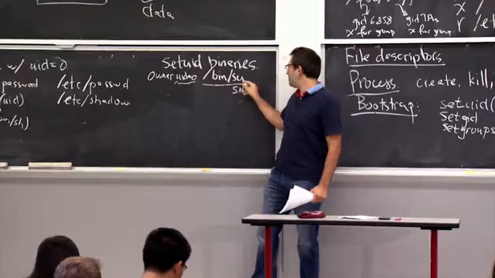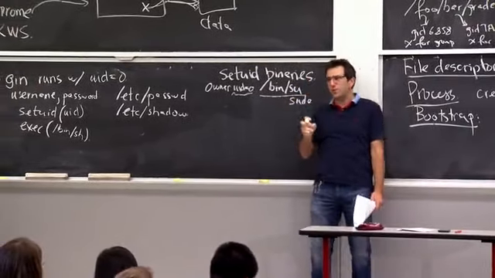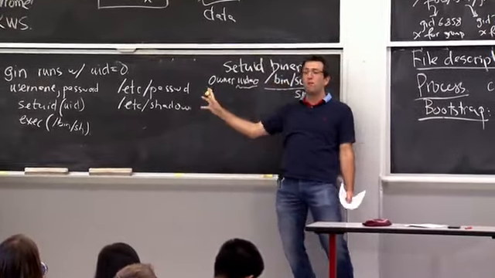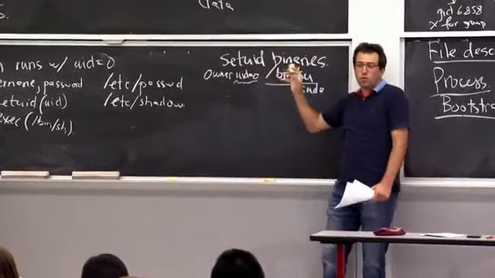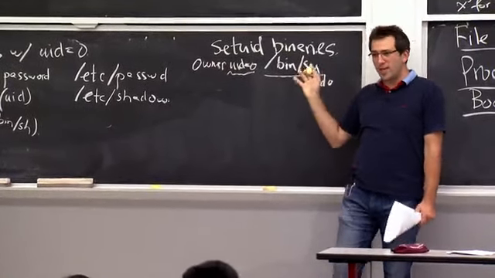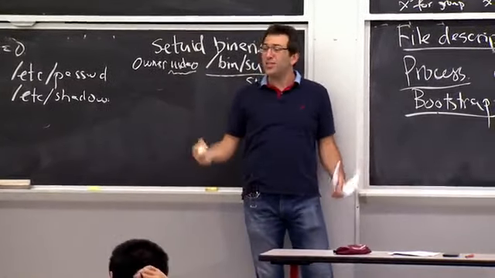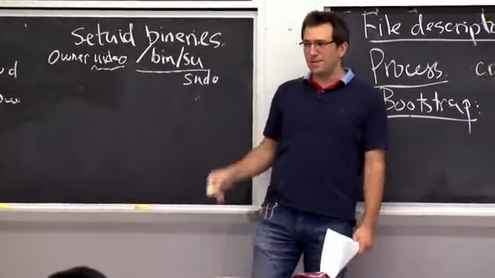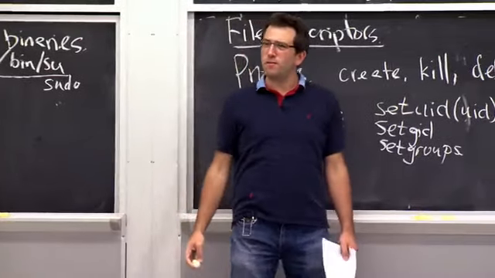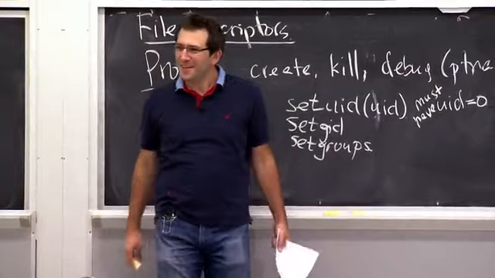Here, bin/su probably needs a lot of privileges, but there might be some program that needs a little bit of extra privilege, like to write something to a special log file. Then you probably want to give it some group and make the log file writable by that group. So even if the program is buggy, which is likely the case, you lose that group's privileges, but not much else. It is useful as a mechanism, but it doesn't show up often. I don't know why. People should use it more.